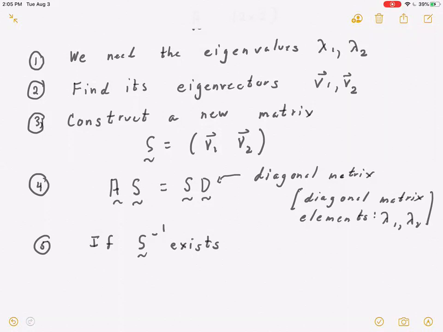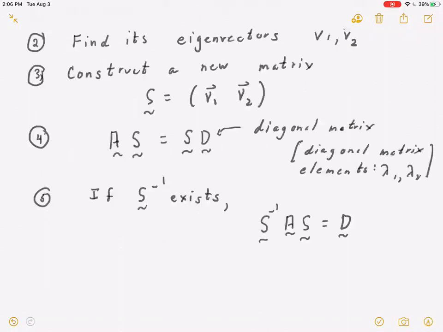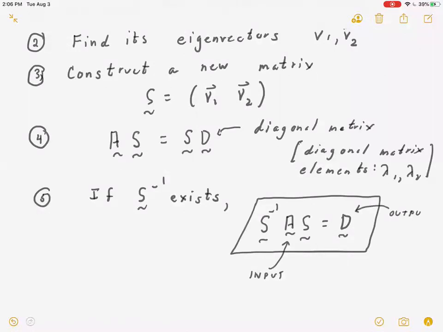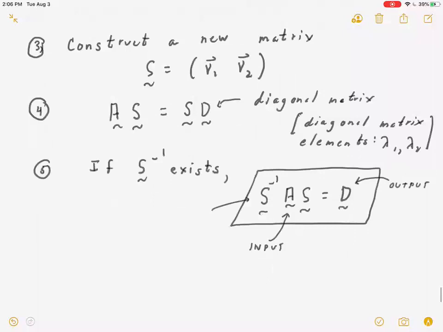So if in fact the inverse of S exists, or if S is invertible, or S is non-singular, then we showed that you could write that the inverse of S times A times S equals in fact the diagonal matrix D. And so this is the prescription we discussed last lecture that allows you to take as input a matrix A and diagonalize it to get a diagonal matrix D, provided, of course, that the inverse of S exists.